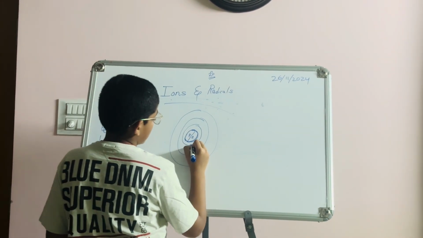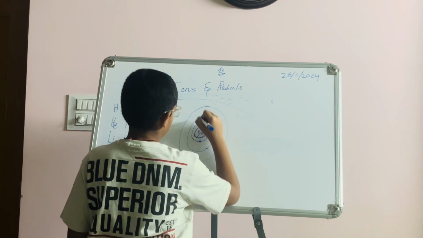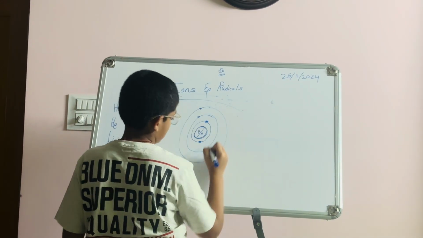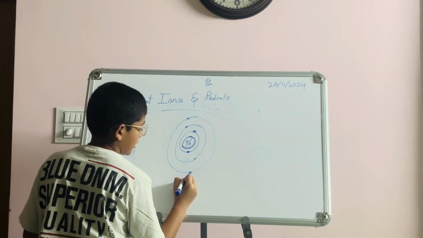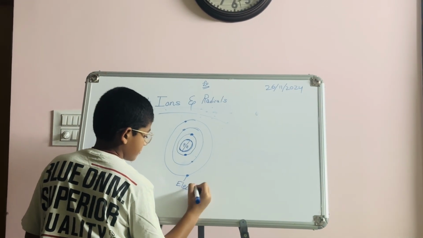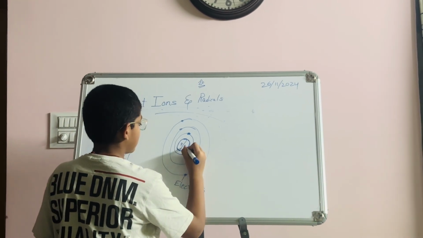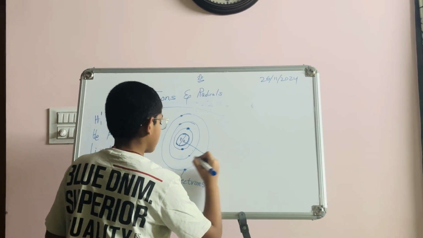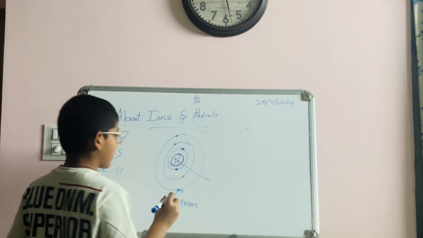Like this is an example. These are electrons, while these are neutrons. Yes, electrons have negative charge.